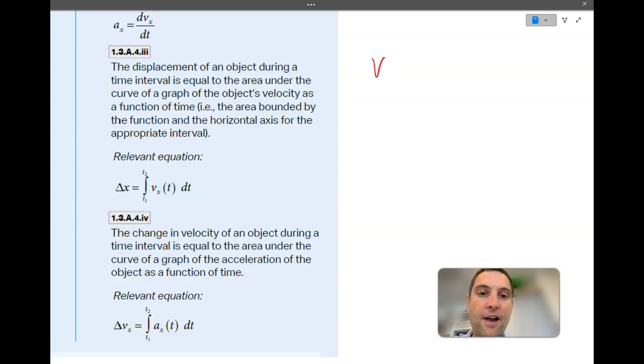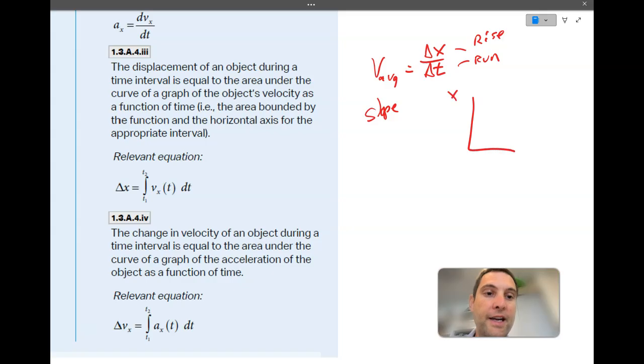Let's go back to that average velocity equals delta x over delta t. Because I'm dividing these two quantities, that means this is going to be a slope. So this means my slope, and this means rise, and this means run.